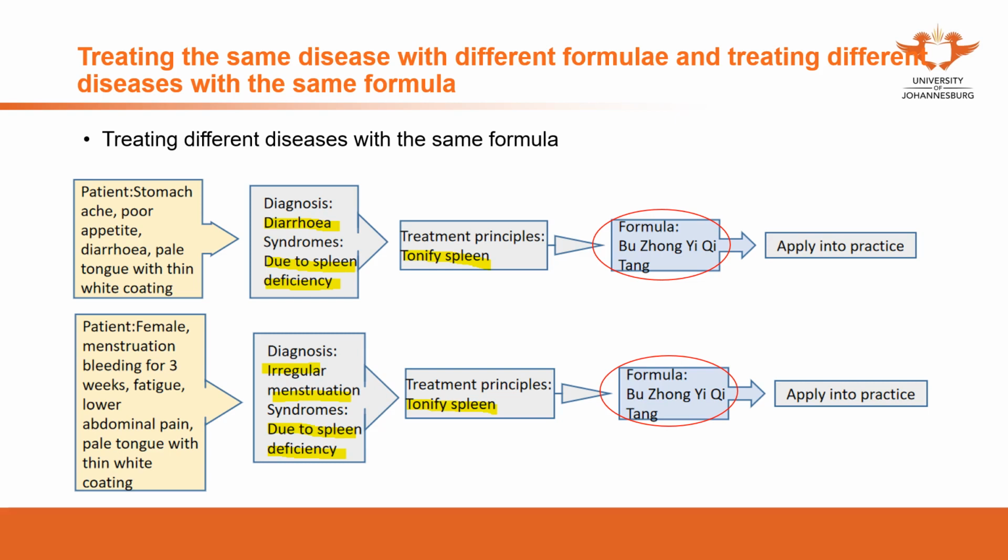Because no matter the herbal medicine or acupuncture, what we mostly treat is from treatment principles. If they share the same symptom, the treatment principle will be the same, and then the treatment methods, we also can use the same method. So that's the symptom differentiation and treatment variation. So the treatment varies according to the symptoms.